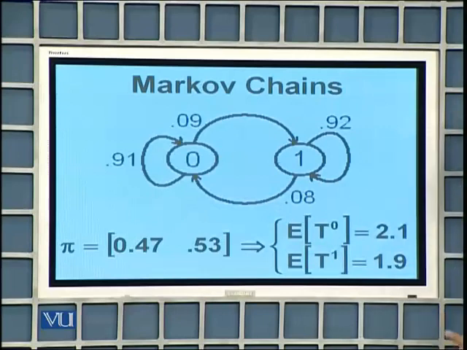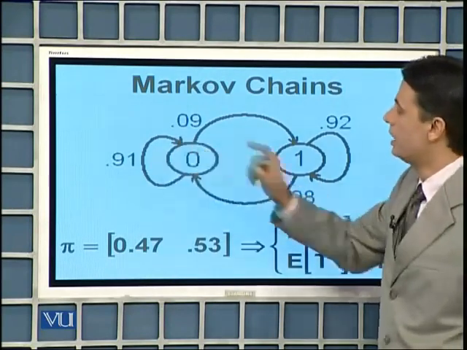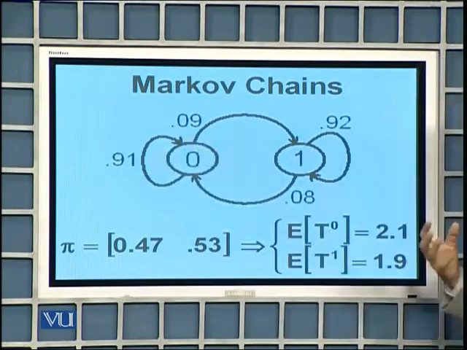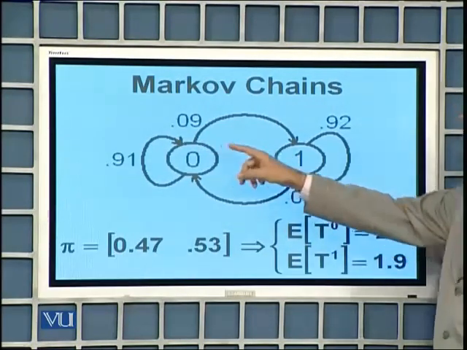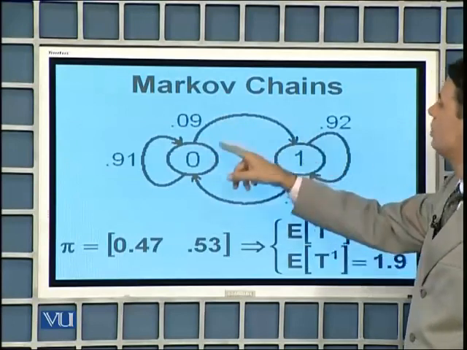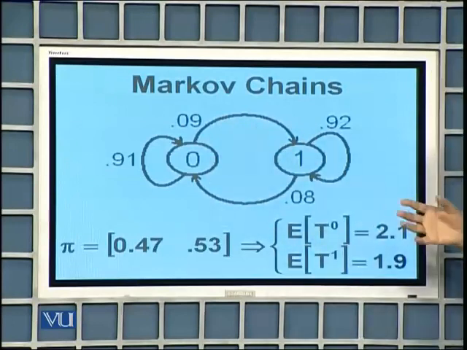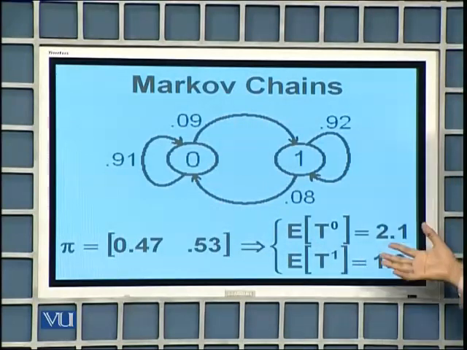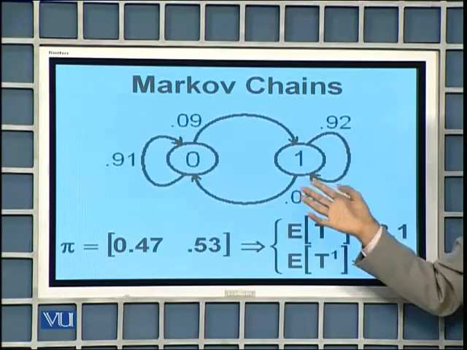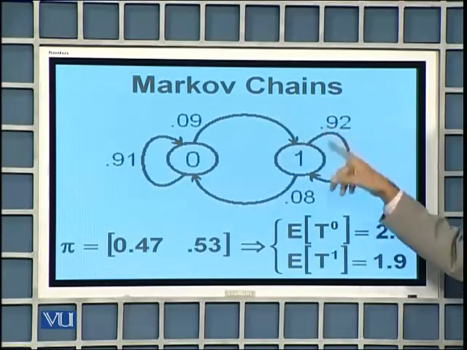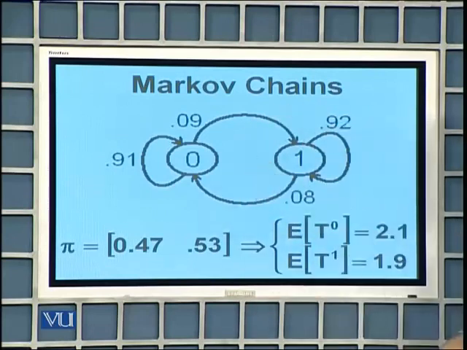So in this case, the probability associated with a return time of 1 will be quite large, but the probability associated with 2 and 3 and 4 will be small. The probability associated with very large return times will be appreciably larger, so it is quite possible to spend 10 transitions here before you come back.